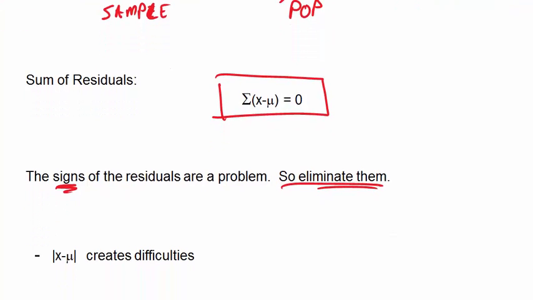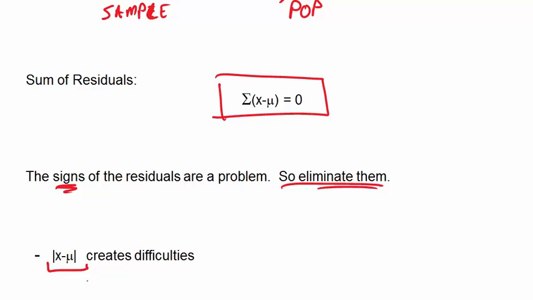The really obvious way to do that is to just say, well, some of them are positive, some of them are negative, so let's just eliminate all the negative signs. And that's an entirely reasonable assumption. But here's a problem. If you were to look at an absolute value, think about absolute value graphs from your previous algebra classes, you know that those graphs look like V's.